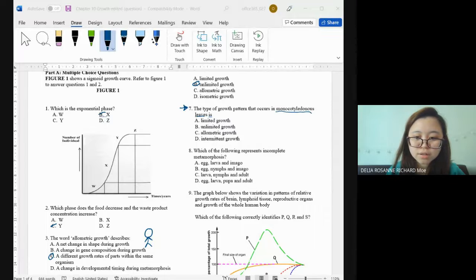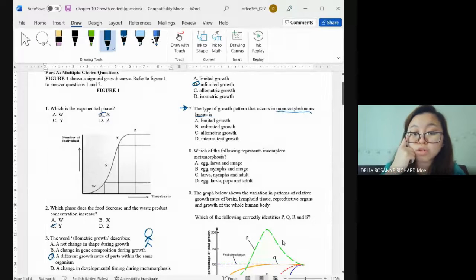Patricia, are you here? Beth, tolong bagi contoh satu organism yang tergolong dalam monocotyledonous leaves punya group.